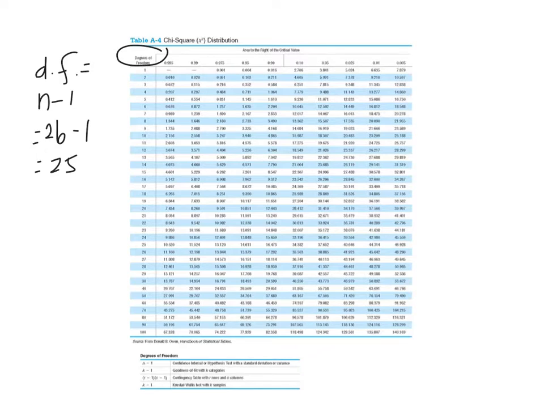That's the row we're going to use here in the table. And the column will have 2 of them. Let's start with the area to the right of the critical value because that's the way this table reads. So the right side little tail area was 0.025, which is this column right here.